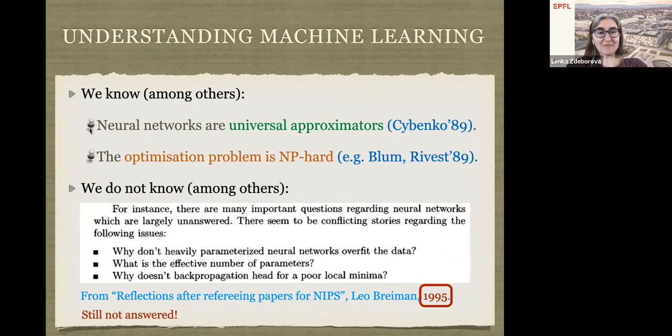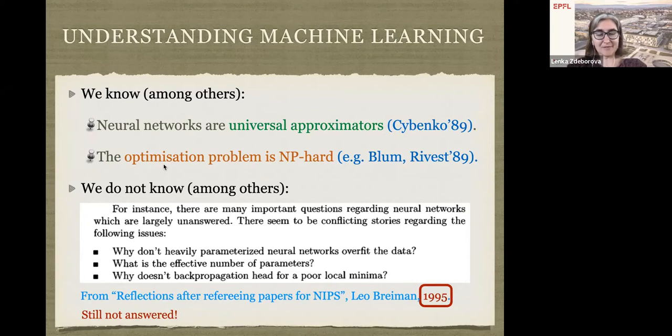We have one big good news and one big bad news in learning theory: on one hand, neural networks are universal approximators, but on the other hand, the optimization problem is NP-hard in the worst case. That raises the question: how come that in practice it actually works, and where exactly theoretically does it come from?